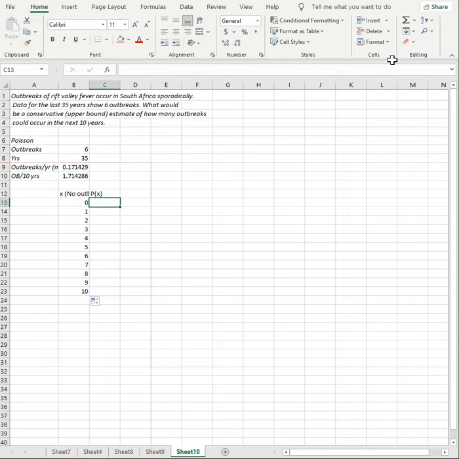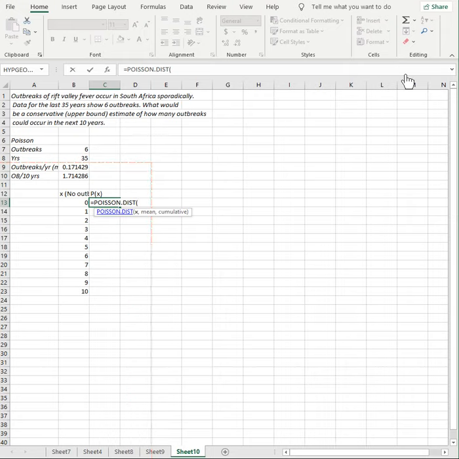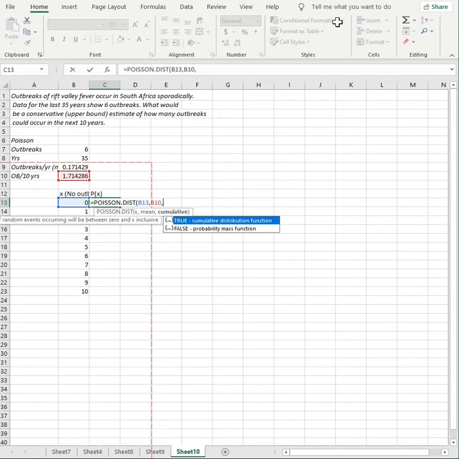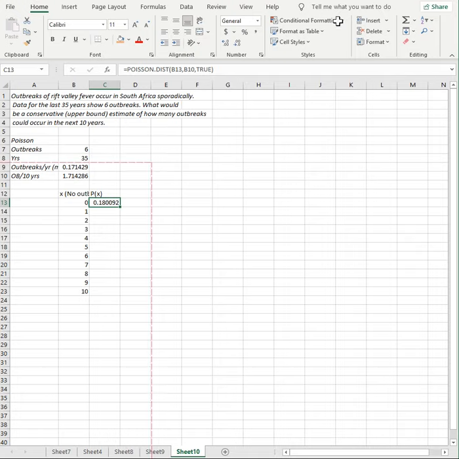We use the Poisson distribution, so equals POISSON.DIST x. What's the chance of 0 outbreaks happening in the next 10 years? And the mean, because we're looking for a unit of 10 years, we would do that. And let's make it cumulative for now. So the chance of there being 0 outbreaks in the next 10 years is about 18%, so not bad.